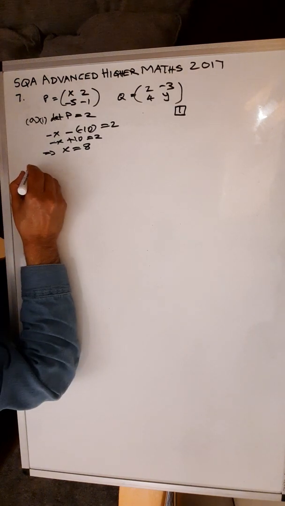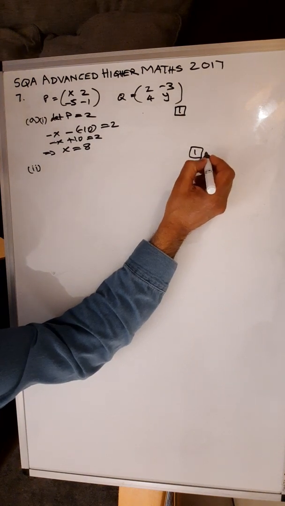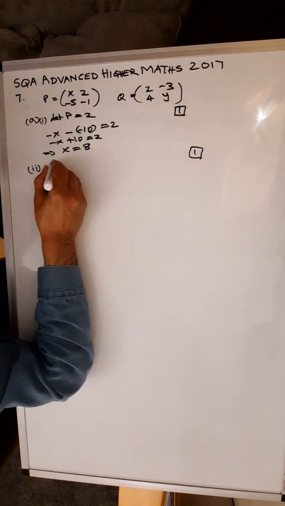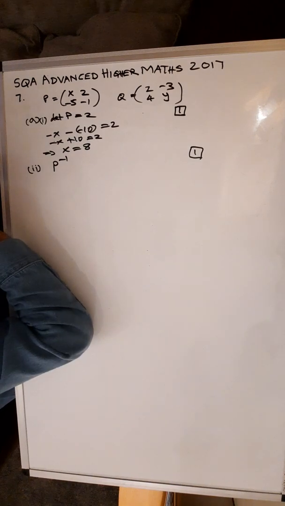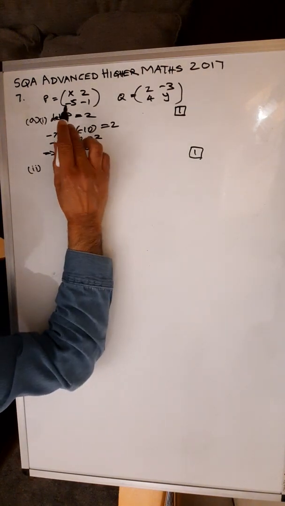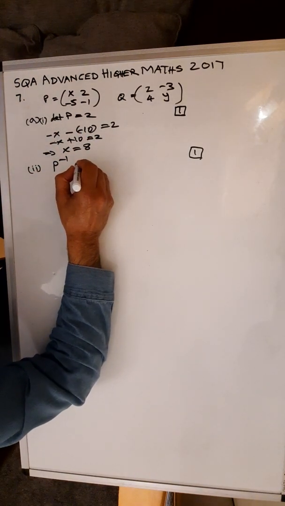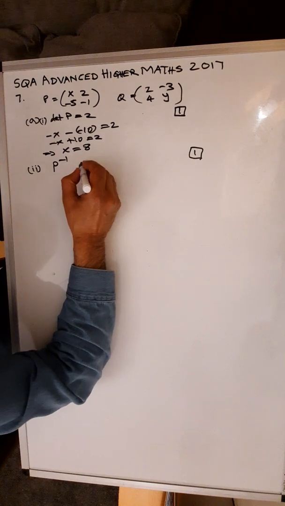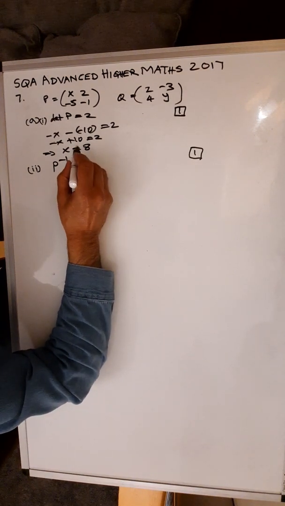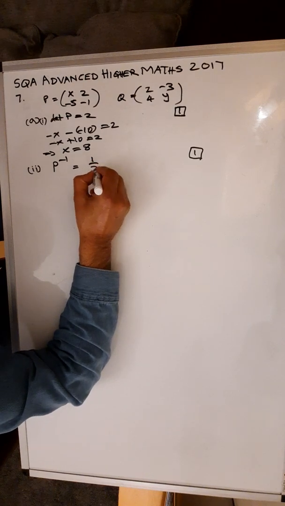Part 2, again for 1 mark, find P to the minus 1. That's the inverse of P. So you know that x is 8. Inverse of P would be, you already know the determinant is 2, so that would be 1 over 2.